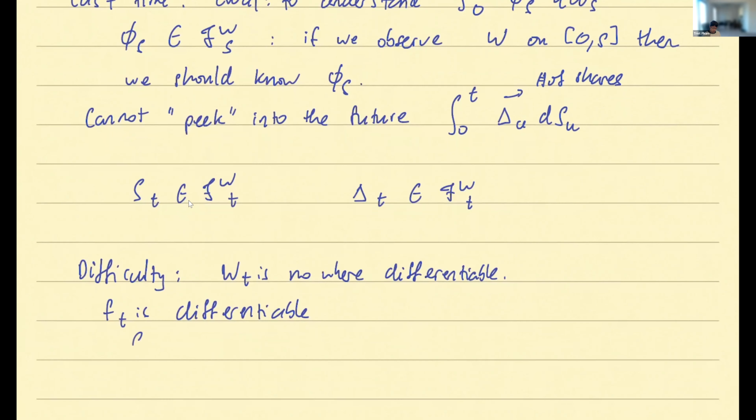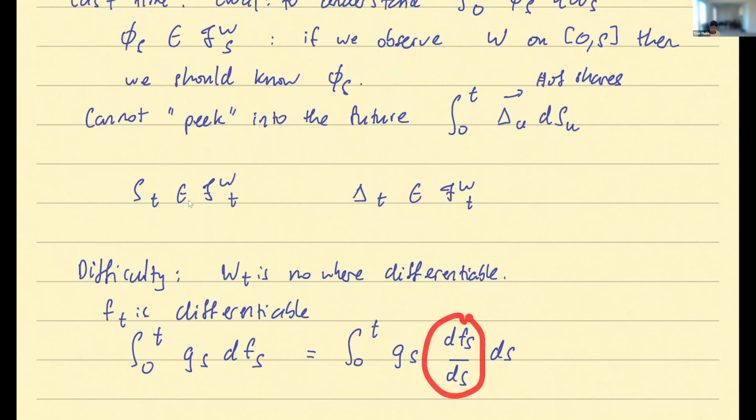Then if you want to integrate another function against the change of f, you can just do the divide and multiply by the change in time trick. And what you have right here is exactly the derivative, which we assume to exist. And so this is just your good old Riemann integration.